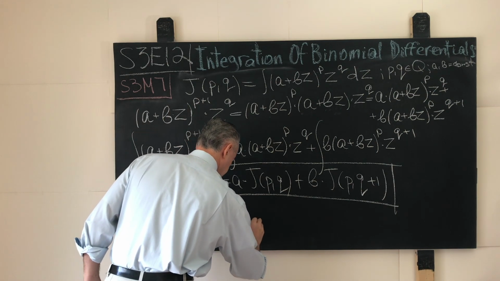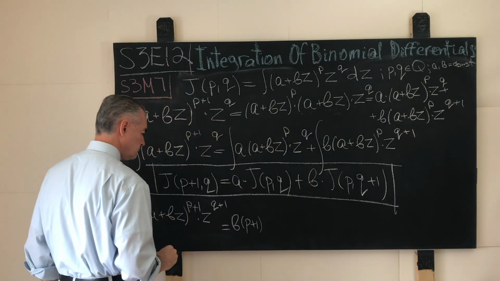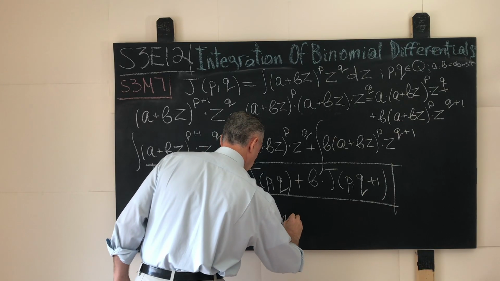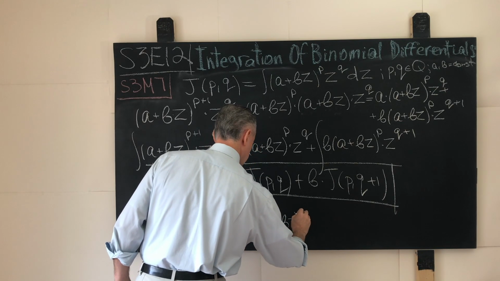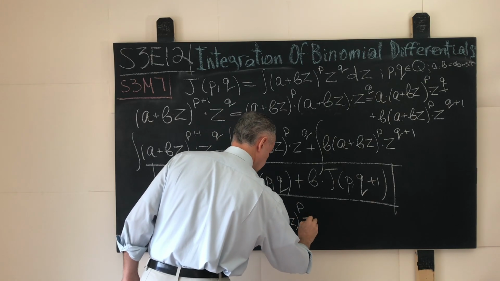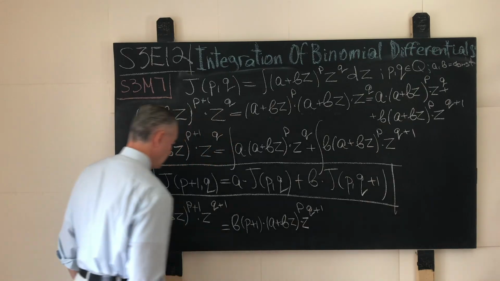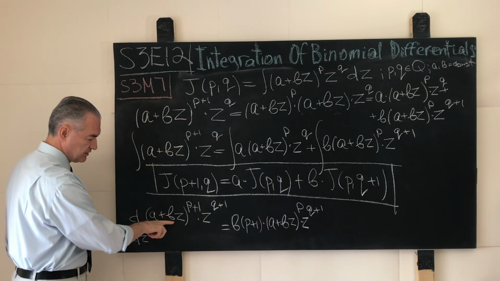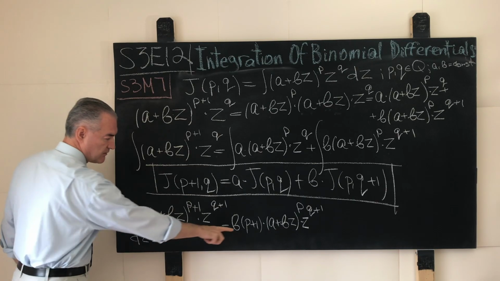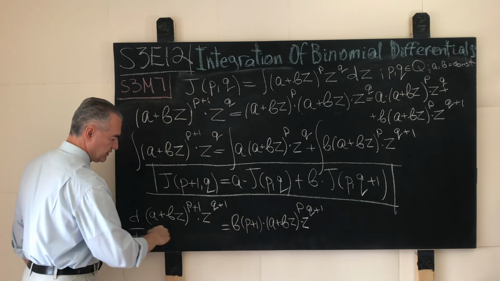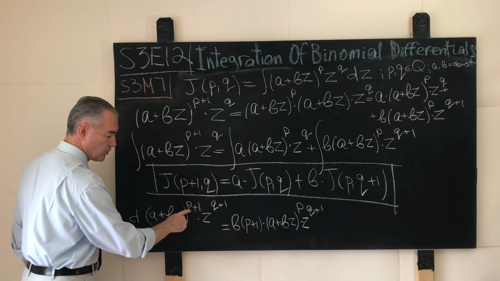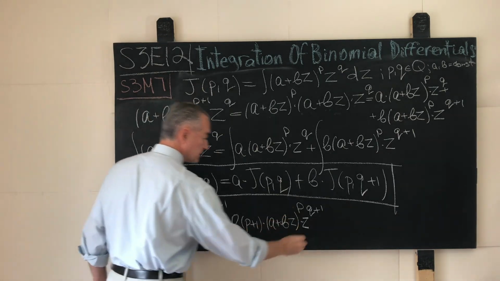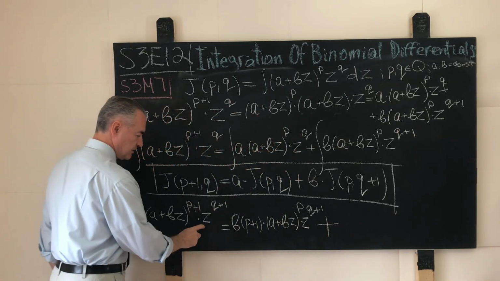B times p plus 1 times (a plus b z) raised to the power of p times z raised to the power of q plus 1. You see, the first derivative of this expression, p plus 1, comes down, times the derivative of bz is b, and this whole linear combination is raised to the power that is less by 1 than this one. P plus 1 minus 1 is p, times the second function, plus, what's the deal over here?